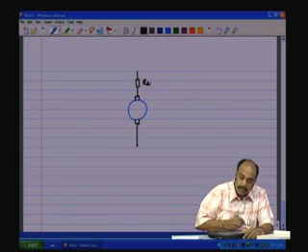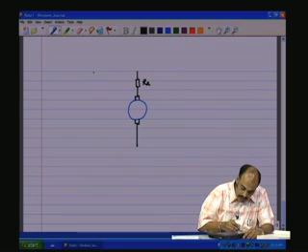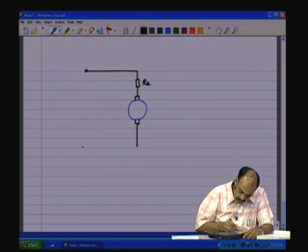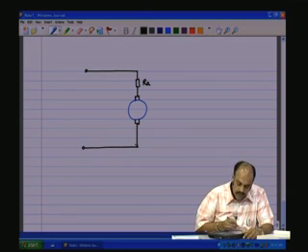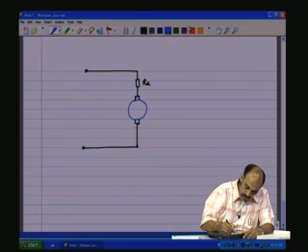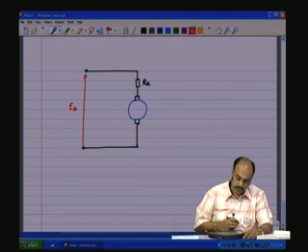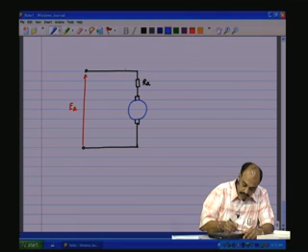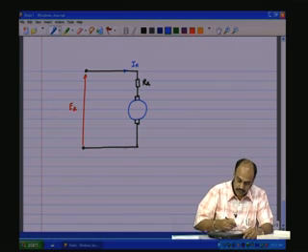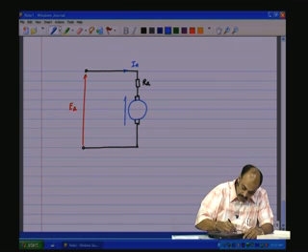This is RA, the armature resistance is connected like that, and this is connected to the source EA. There is going to be an armature current IA which flows through, and this would result in a back EMF EB across the brushes.